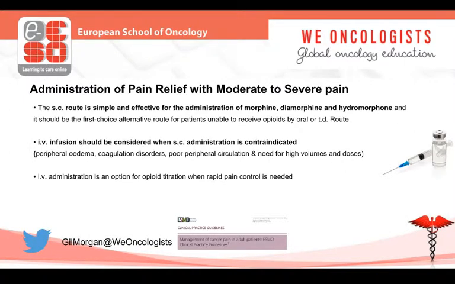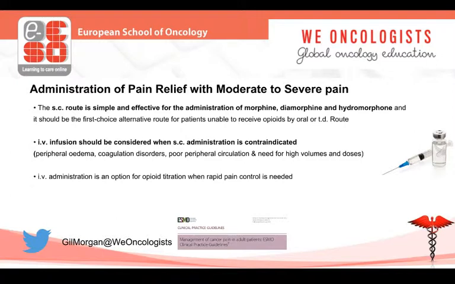So, for the administration of pain relief with moderate to severe pain, the subcutaneous route is very simple and effective for the administration of morphine, diamorphine or hydromorphone, and it's the first choice alternative for patients that are unable to take oral opioids or transdermal.